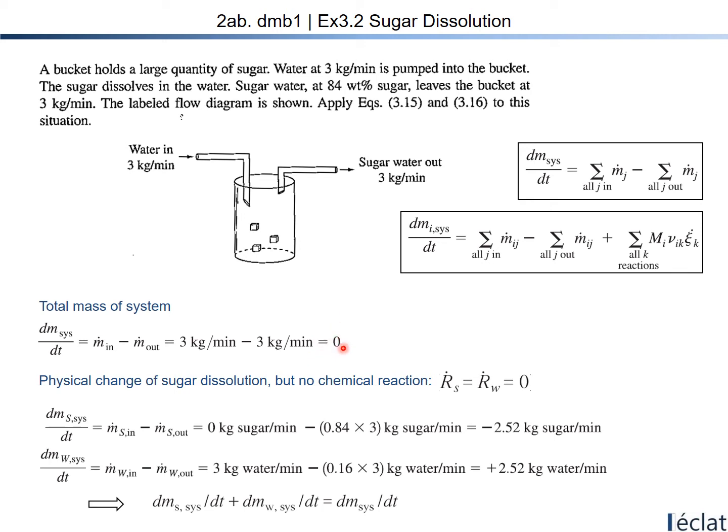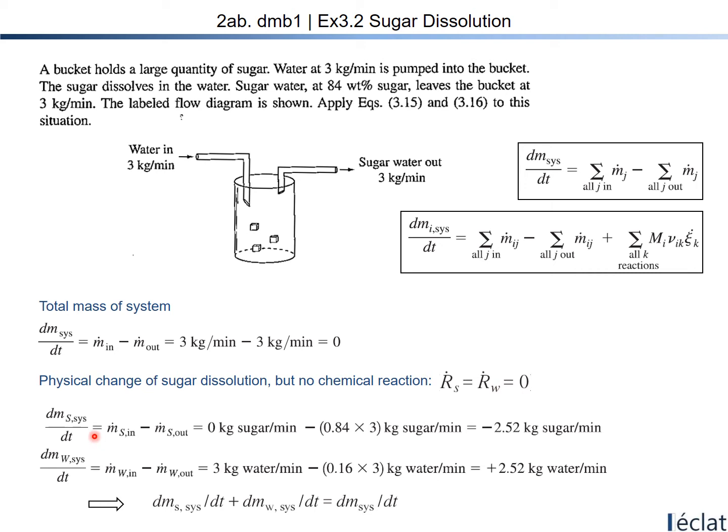It means there is no temporal change of the mass inside of the system. Then let's go to the component version of the mass balance equations. There is no reaction there, so the mass generation of sugar and of water is 0.